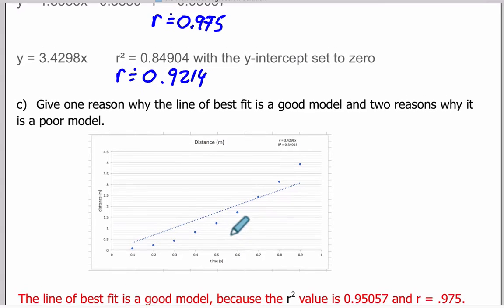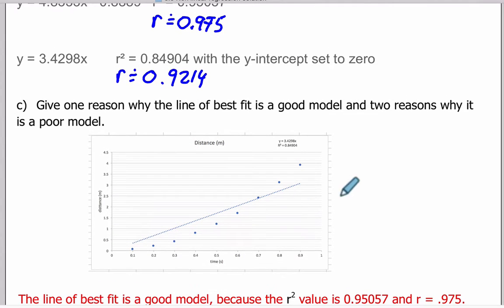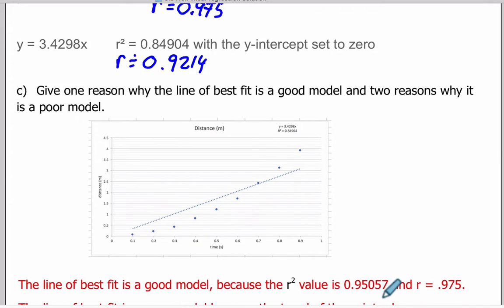And here, this is the one where it's set to 0, and what I've got down here is for when it's not set to 0, but both are approximately the same. The line of best fit is a good model because the r-squared value is high and the r value is high.